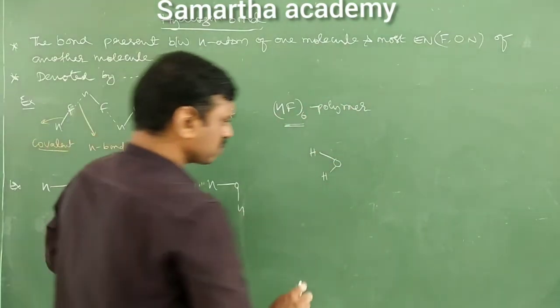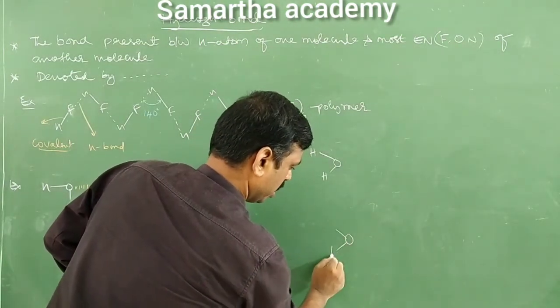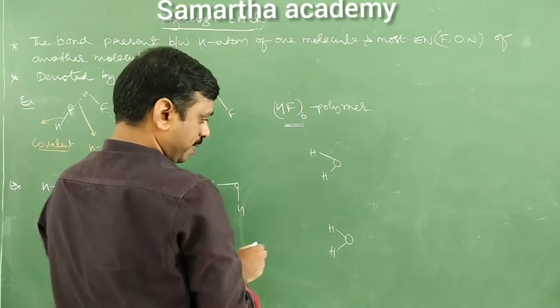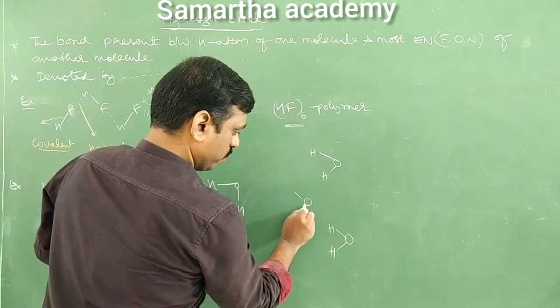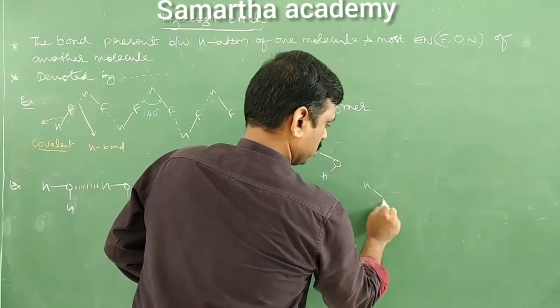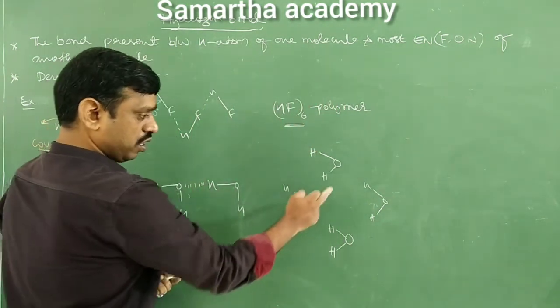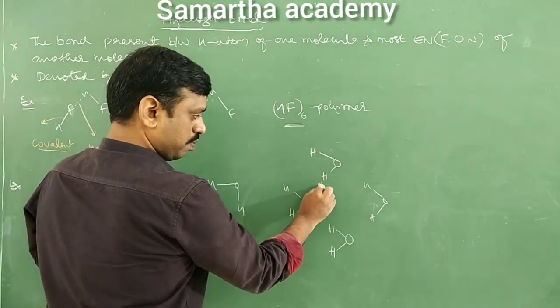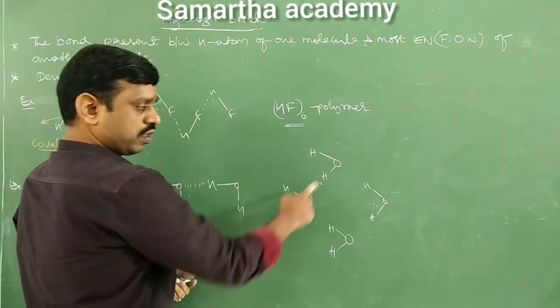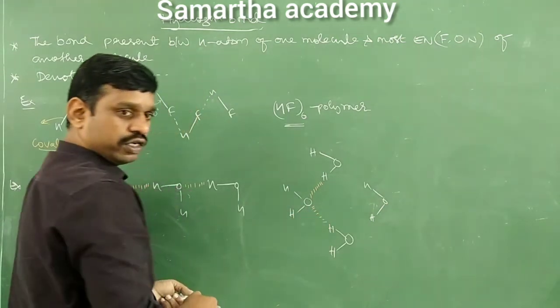How is it? So take, this is one water molecule. I'll take this as another water molecule. Now see, the bond between H and O is a hydrogen bond.